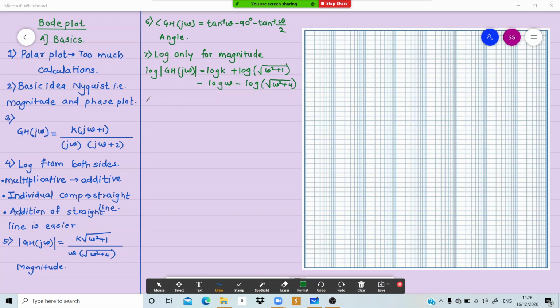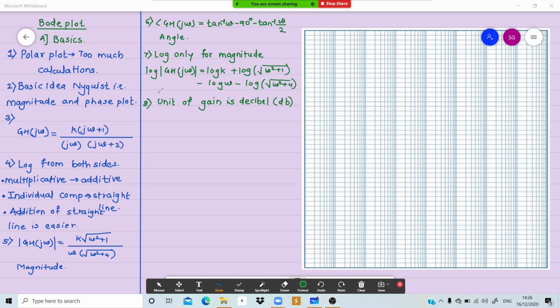Now the unit of this logarithmic term, or the magnitudes that we are going to have, the unit is decibel. I'll write unit of gain is decibel. We denote it by dB. You might have learned somewhere in the electronic subjects where communication was coming in picture.